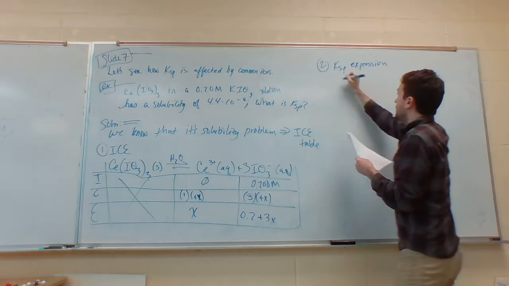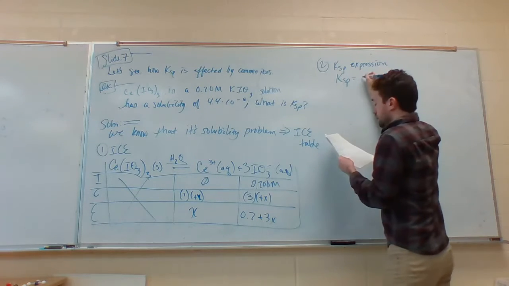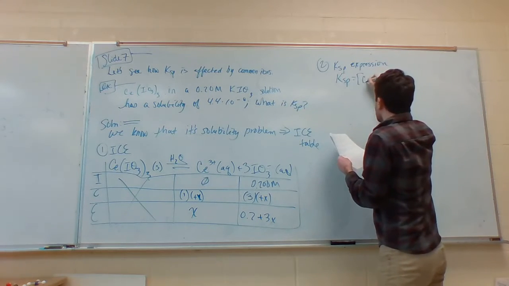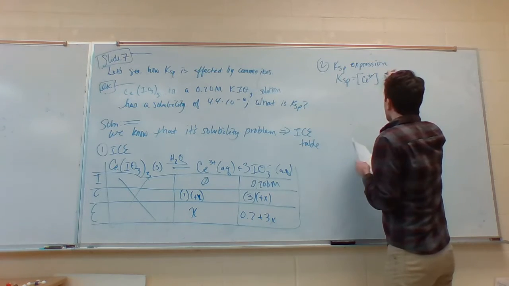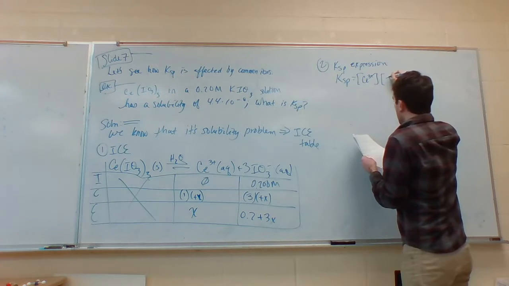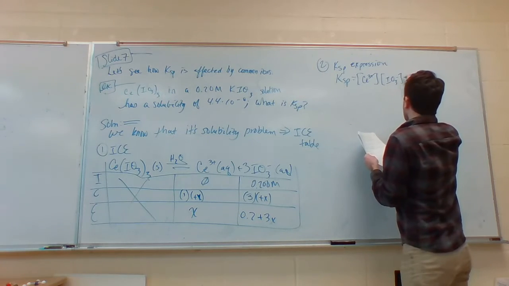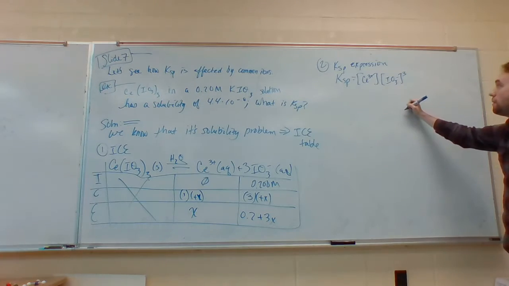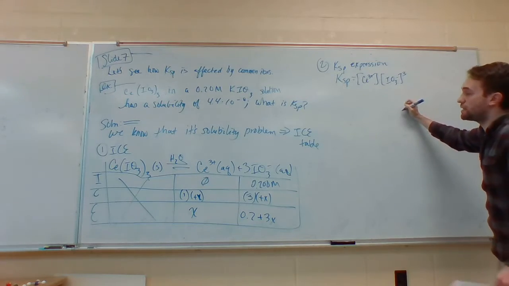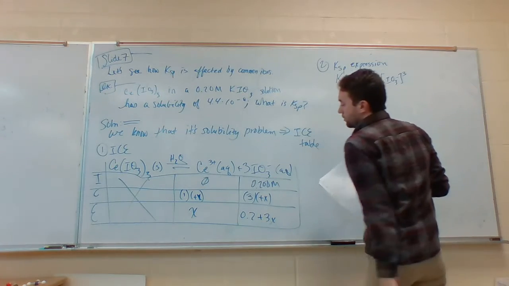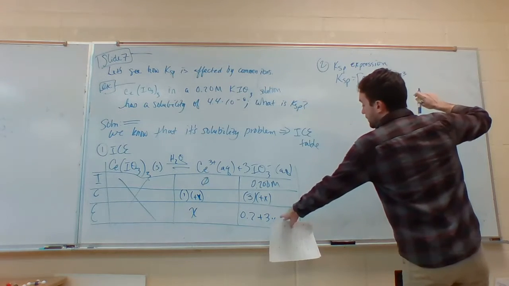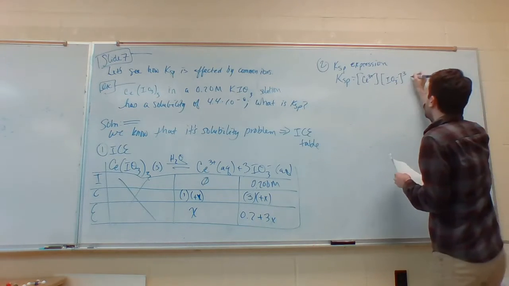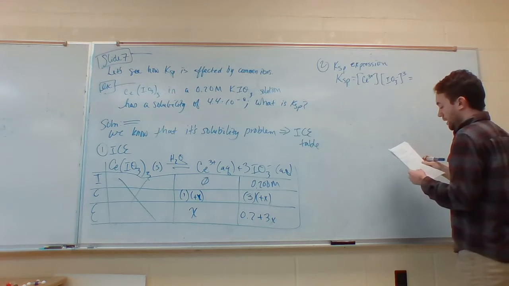Ksp for this process is going to equal our cerium 3+ to the first, and our iodate ion to the third. I recommend writing these out every time because we're going to have to incorporate our stoichiometry as our exponent as well as our equilibrium components.